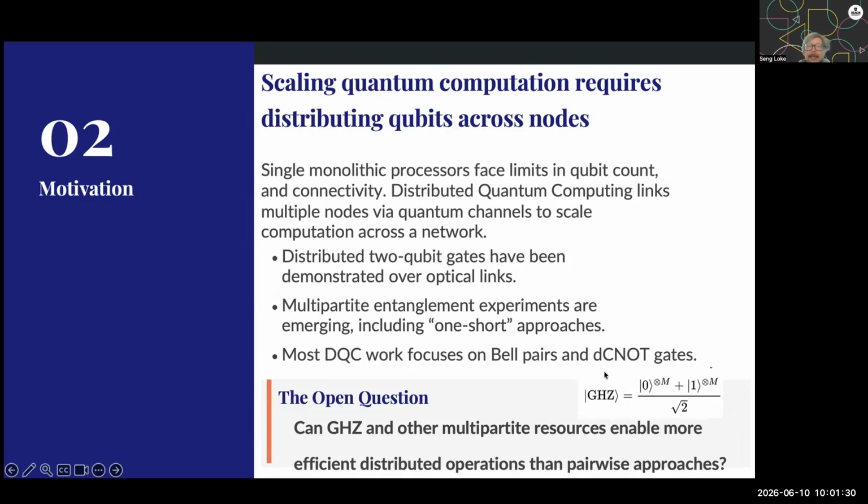So that's what we're going to do, right? So can you use some resource states like GHZ states to enable efficient distributed operations? Of course, we can't do without pairwise operations, and of course, Bell pairs are just, if you like, a minimum case of a GHZ state, right? In some ways, but can we use multipartite gates, if you like?